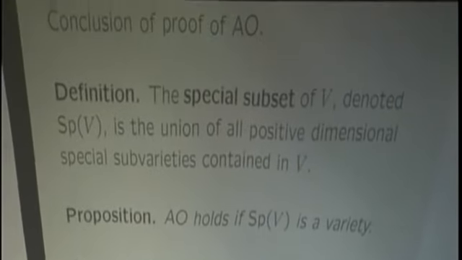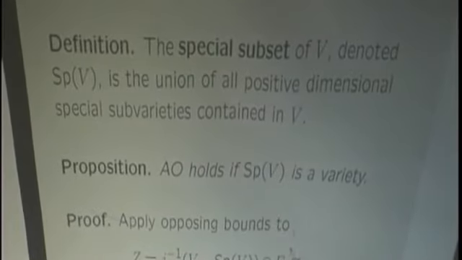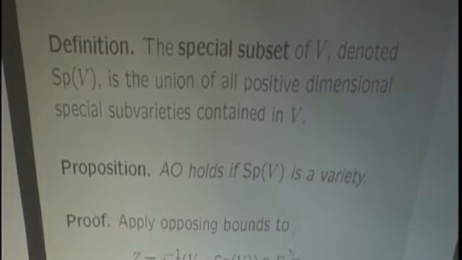And now I maybe should not dwell on this part, but we have the conclusion. We can define the special subset of V to be the union of positive dimensional special subvarieties in it. The first proposition is that André-Oort holds if that special subset is a variety, if it's a finite union, because you just play the same game with upper bounds.